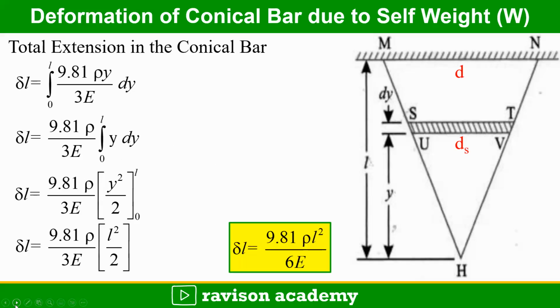The total extension of the conical bar can be found by integrating the extension of the strip between the limits 0 to L. So 9.81 rho y by 3E is integrated from the lower limit 0 to L. We get the final equation as del L is equal to 9.81 rho L squared by 6E. This equation is applied to the deformation of the conical bar due to the self weight.